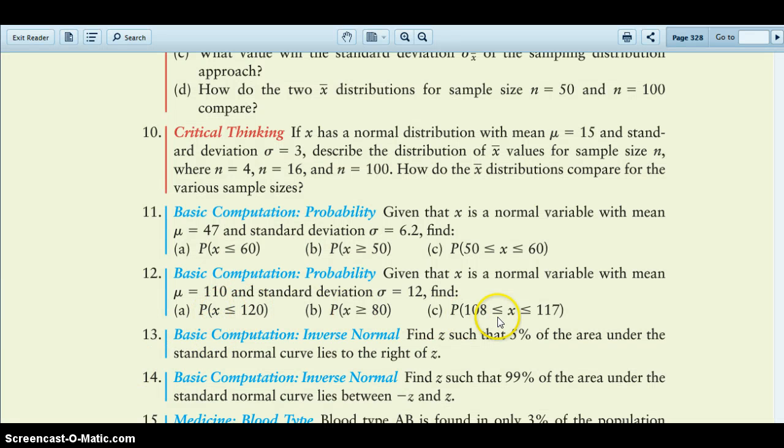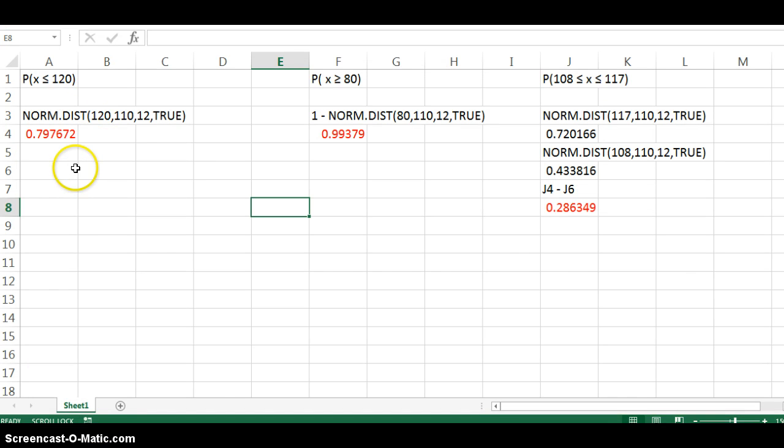There are 3 probabilities to find in 12. Given that x is a normal variable, we're told the mean and the standard deviation. I think Excel is probably the easiest way to do that, so let's jump over there. For the first one, the mean is 110 and the standard deviation is 12. What's the probability you'll have a number that's less than 120? All these probabilities are already calculated for you in Excel.